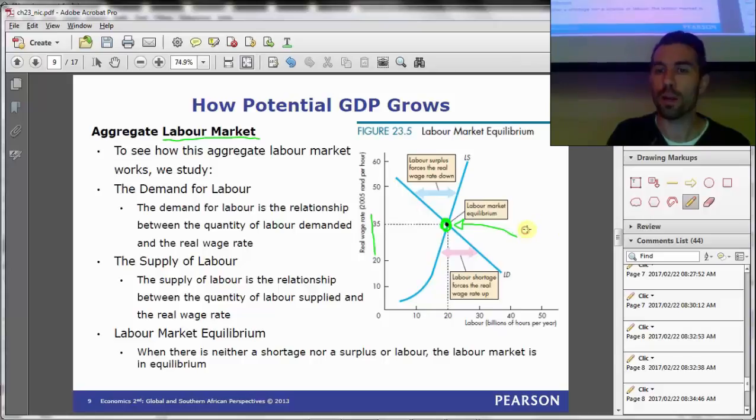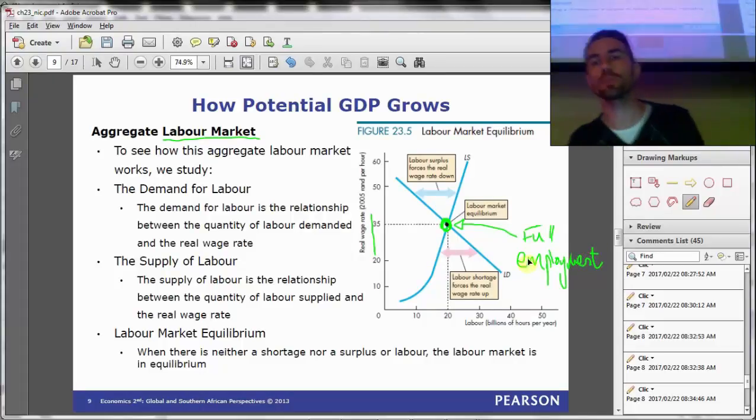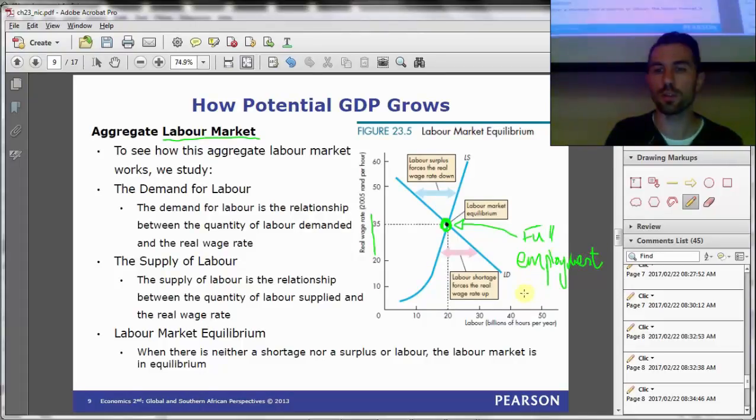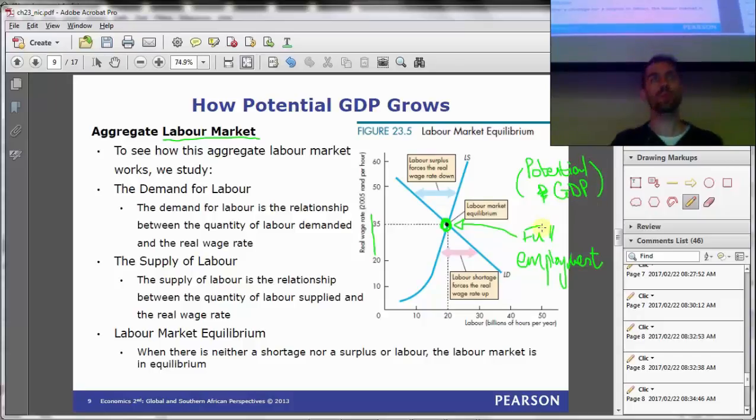And what do we know about employment at potential GDP? What do we call it? We call that full employment. Full employment, in other words, this is the point where we are producing potential GDP. Okay? So if this quantity of labor here, 20, call it QFE for quantity at full employment.